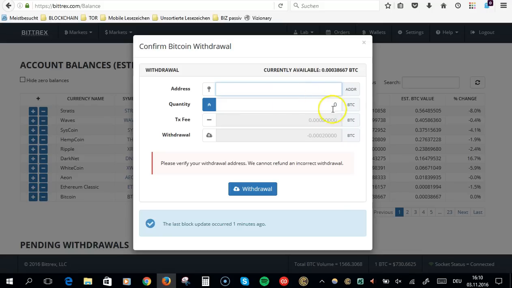Put in the amount, and there is a little tiny fee that's subtracted when you send Bitcoin. That's really small. Then you just click withdrawal. You have to put in your security password, and it will send the Bitcoin out of Bittrex to your wallet.